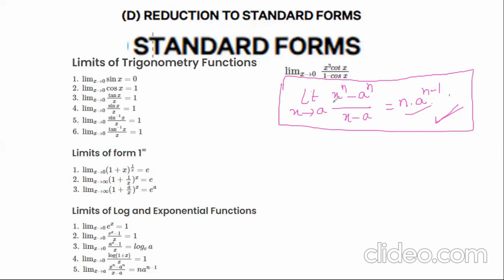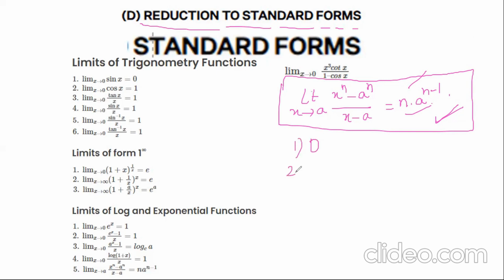Actually, there is a proof also for this. I am not teaching that. I am just going with this direct formula. So in this way, you have standard forms. That is reduction to standard forms. This is the other method. So we observed the direct method, and then the second one is the factorization method.